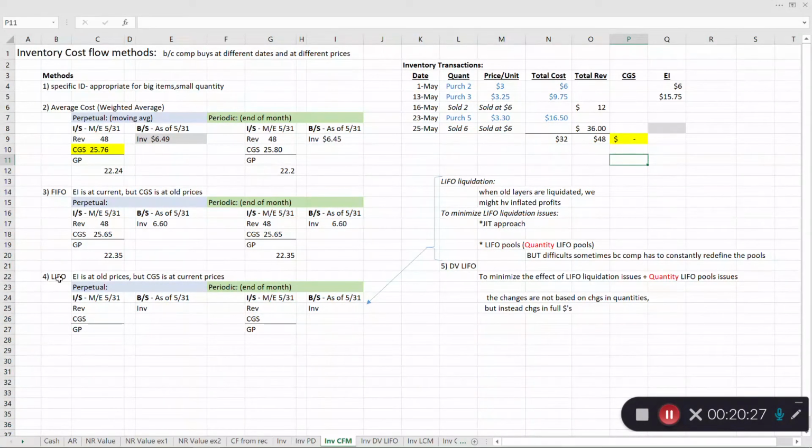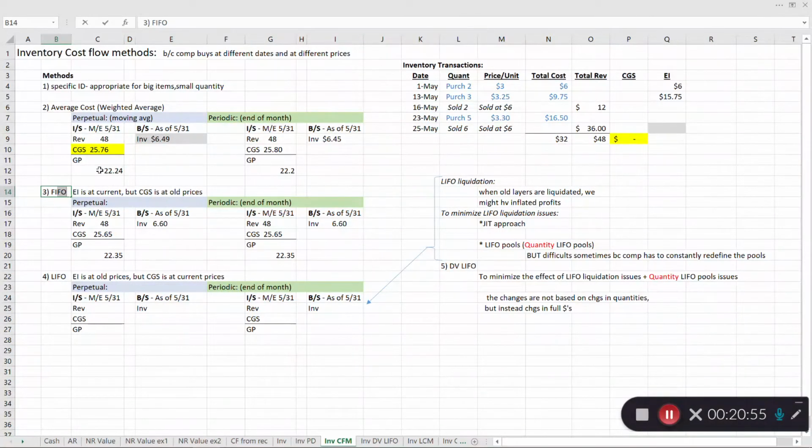So, before I go there, I do want to mention something. Whenever you use a cost flow method like FIFO or LIFO, for example, let's look at FIFO. What this is saying is that your first in are your first out to cost of goods sold. So in other words, your cost of goods sold is going to be based on old prices, the first things you bought.